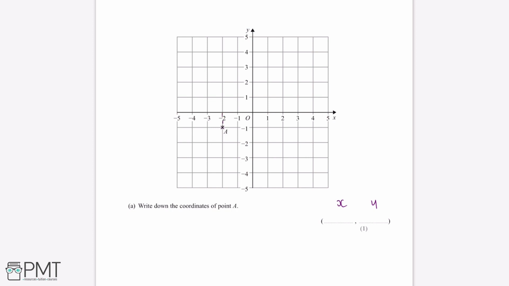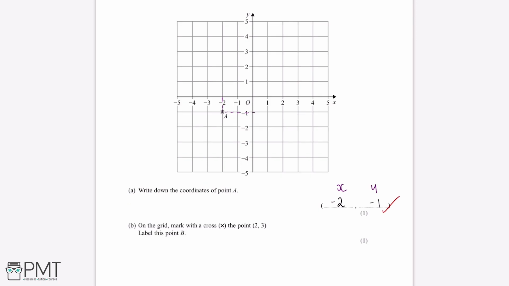So this is our x-coordinate. And the value for our y-coordinate is the value of point A when we read off the y-axis, which is -1. And this is our final answer. And this question's worth 1 mark, and this is for having both the correct coordinates.